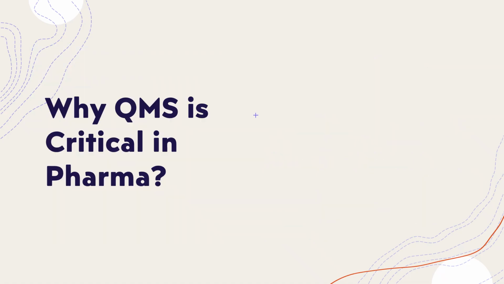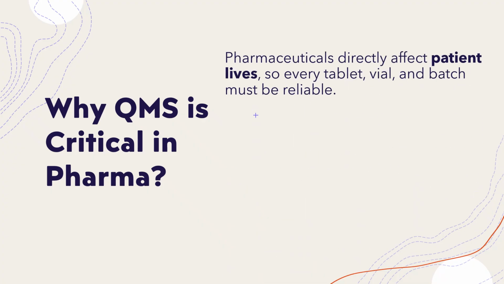Now we will discuss why QMS is critical in the pharmaceutical industry, right? Pharmaceuticals directly affect patients' lives. Every tablet, vial and batch must be reliable. It means your product is going to be consumed by patients who are sick, who are in critical condition, and that product will impact their health as per the intended use only.